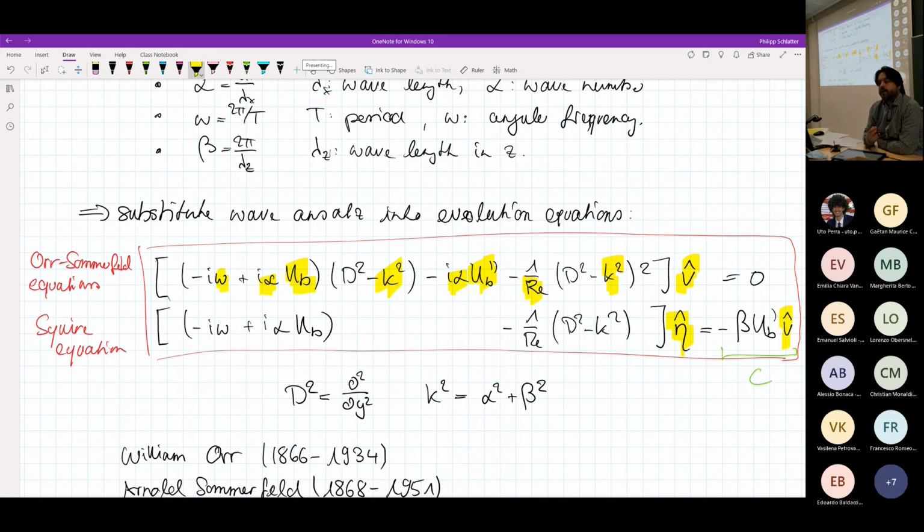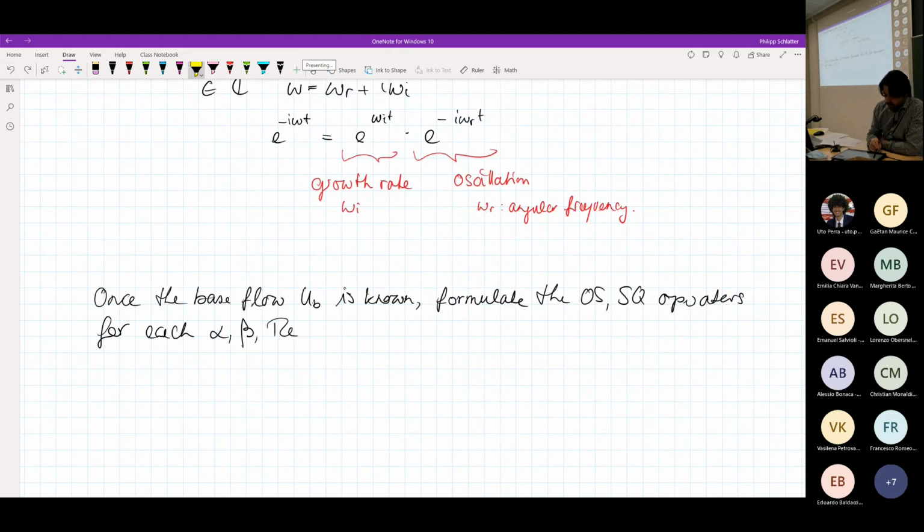Omega here has the function of an eigenvalue, so that will be the result of our calculation. So this we don't need to specify, that will come out. But all the other yellow quantities here, we actually need to specify upfront. So once we know the base flow, we select a few alpha, beta, and Reynolds, and we can formulate the Orr-Sommerfeld and Squire operators.